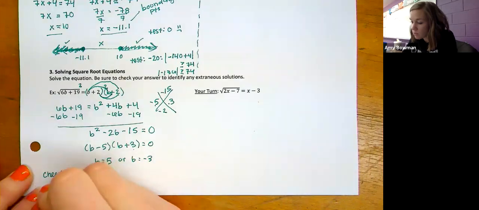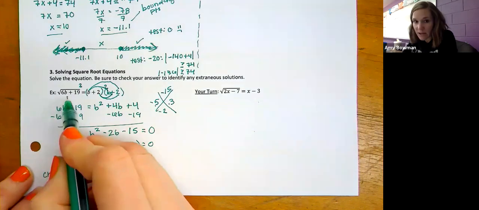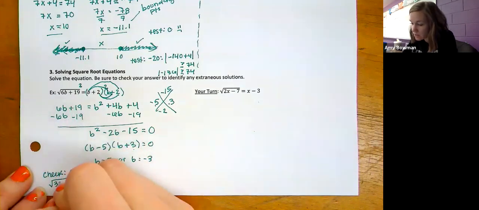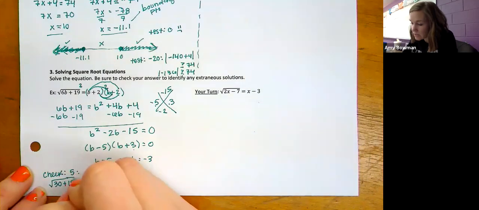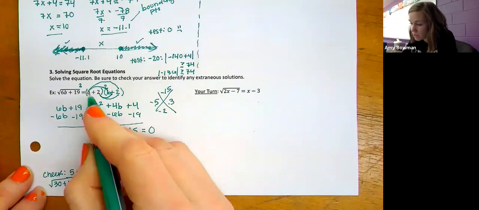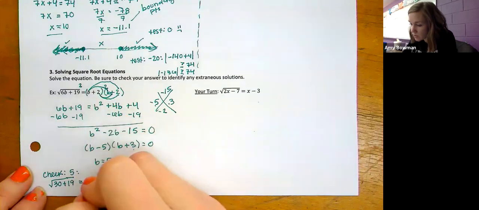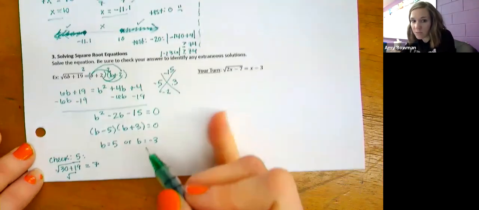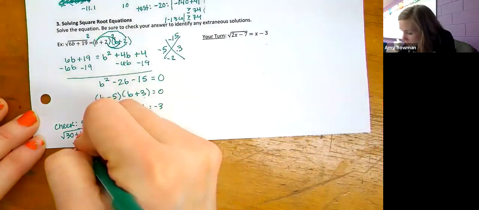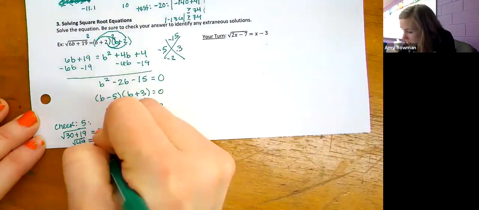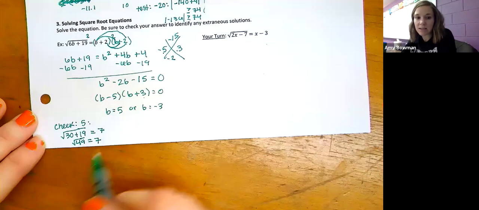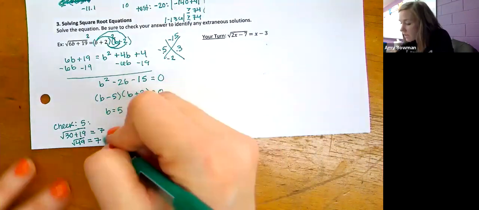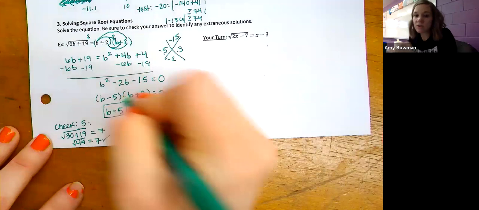Is the square root of 6 times 5, so that's 30, plus 19, equal to 5 plus 2, 7? Is the square root of 30 plus 19, which is 49, 7? Yes, it is. The square root of 49 is 7, so that works. 5 is part of our solution.